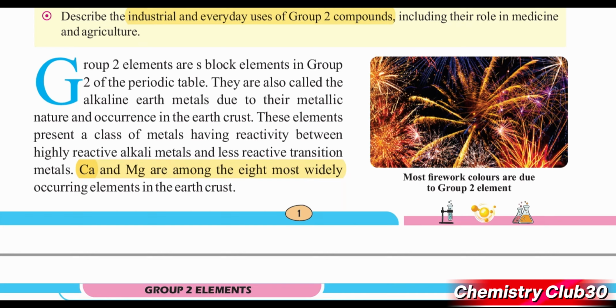Group 2 elements are s block elements, and we know that s block elements means that the last electron of the element enters into the s subshell. They are also called alkaline earth metals due to their metallic nature and occurrence in the earth's crust.